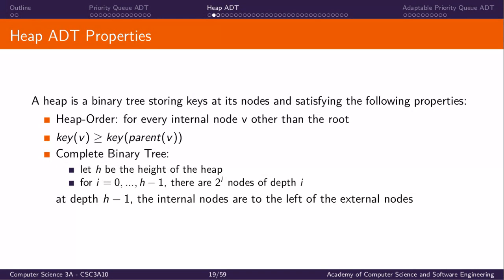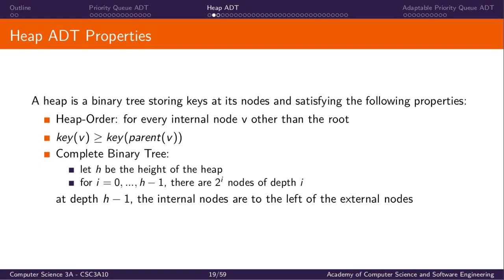Okay, we can't do this for the root because the root doesn't have a parent. What we're saying is essentially at each level, as we drop down in depth, each subsequent child, grandchild, great-grandchild will have a key greater than its parent.